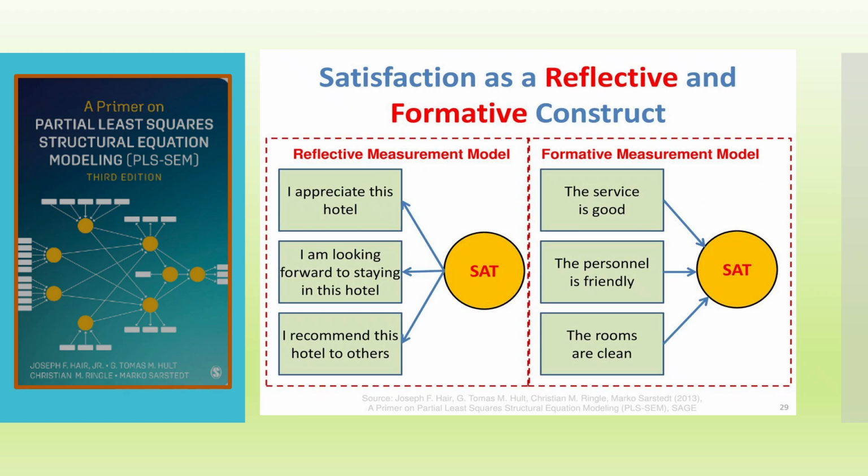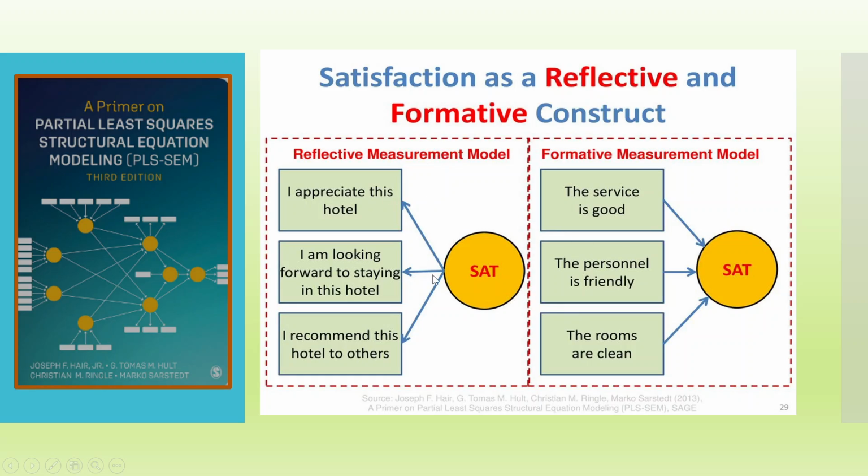Now, this is an example which is given in the book, A Primer on Partial Least Squares Structural Equation Modeling by Professor Hair, Professor Hult, Professor Ringle, and Professor Sarstedt, who are the developers of the SmartPLS-4 software. Satisfaction. If you talk about this first, you can say first cell and the second cell.